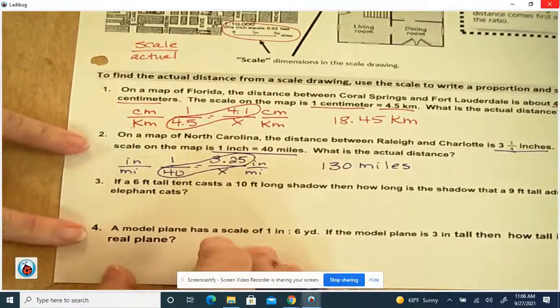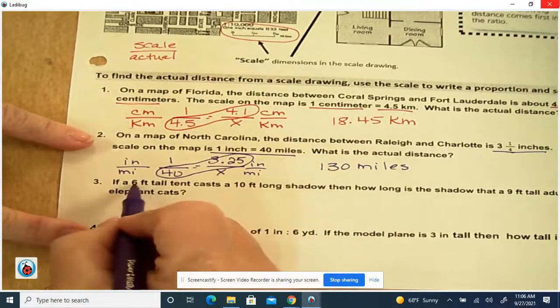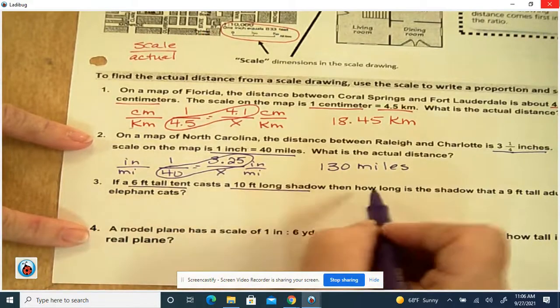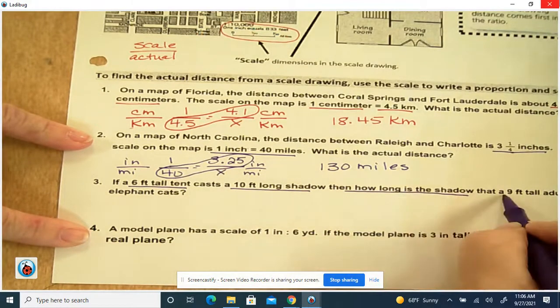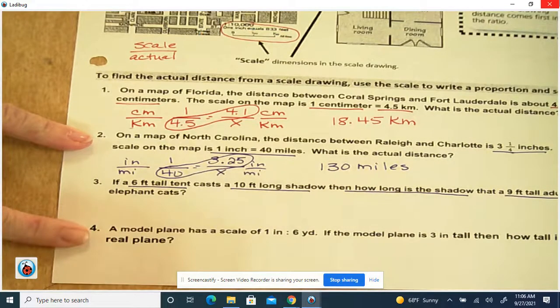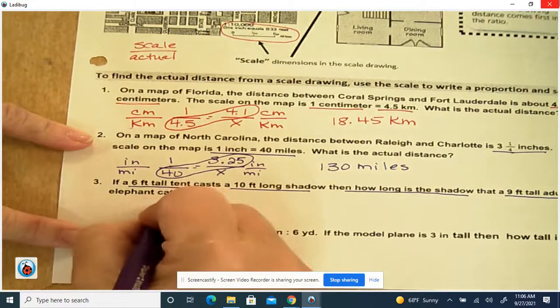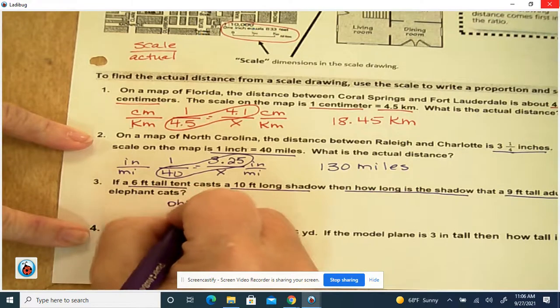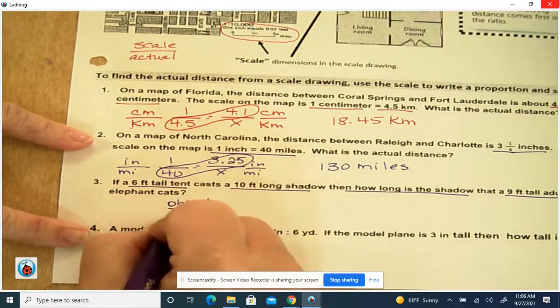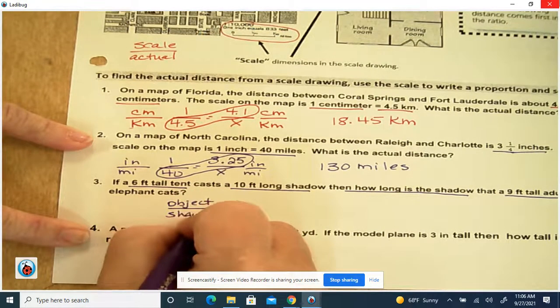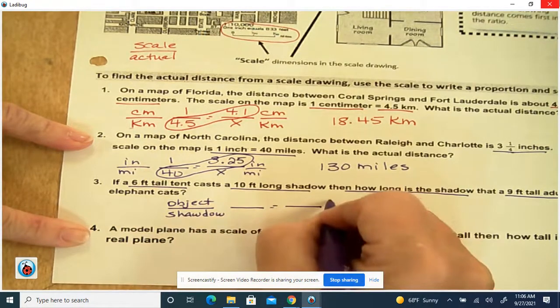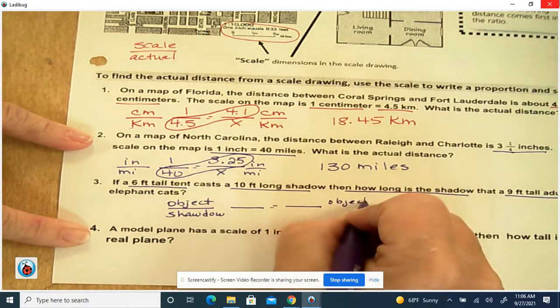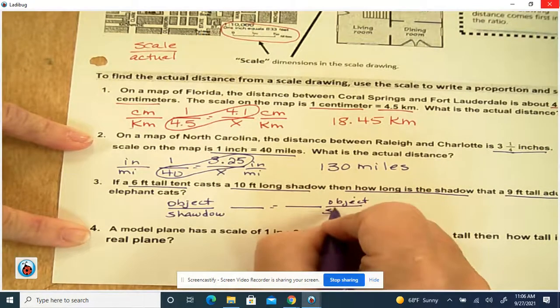If a 6-foot tall tent casts a 10-foot long shadow, then how long is the shadow that a 9-foot tall adult elephant casts? So we did an example like this yesterday where we did the object over the shadow. And we do our proportions, and we've got the object over the shadow.